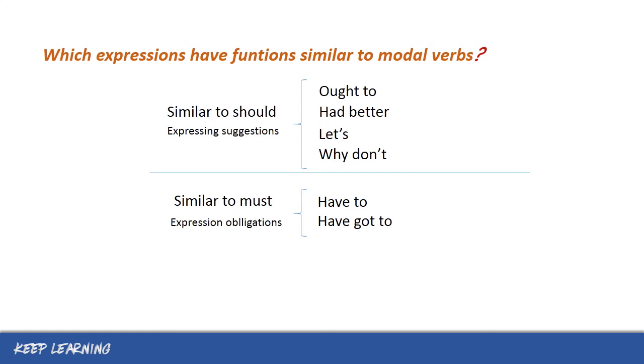Okay, and similar to must, because it's a way you can express obligations, it's have to or have got to, which in Spanish is tengo que. Both are the same thing. I find really no difference. I have to go, or I have got to go. I've got to go.